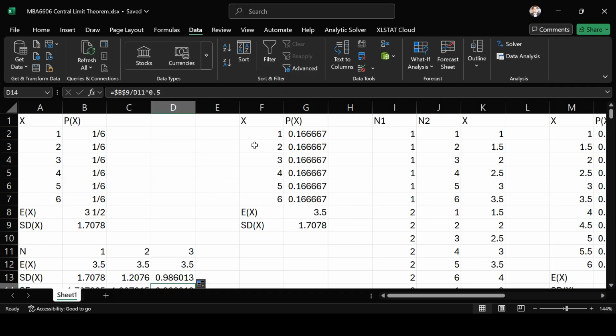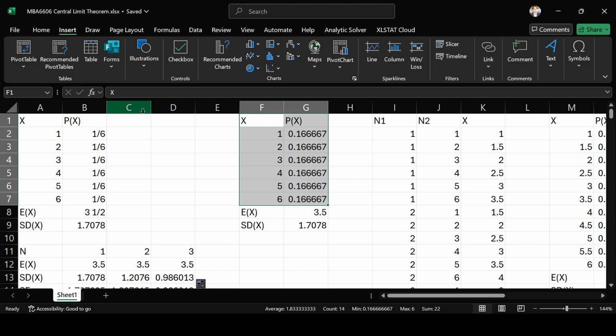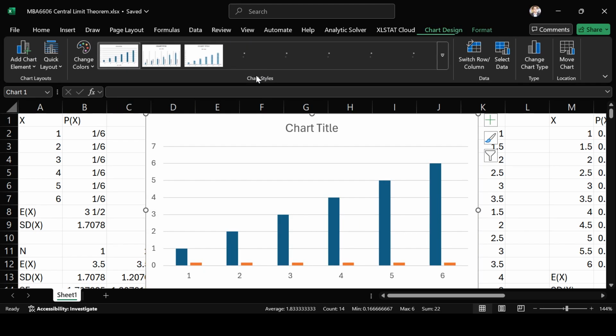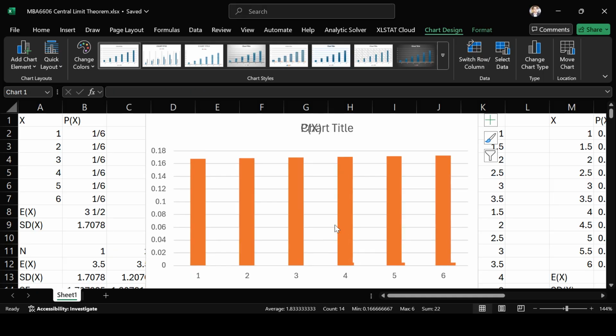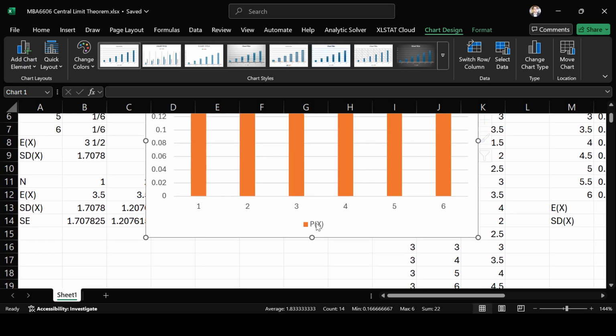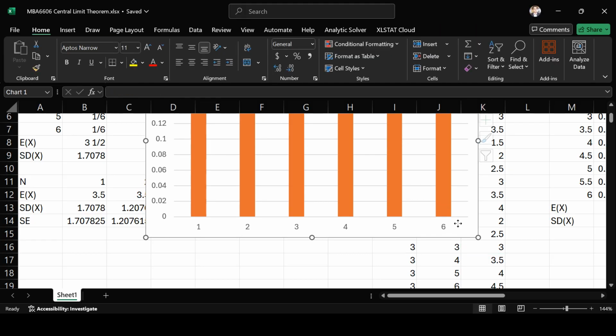Let me also do the visualization of this. Sample of n is equal to 1. We don't need the legend. Let's shrink it.